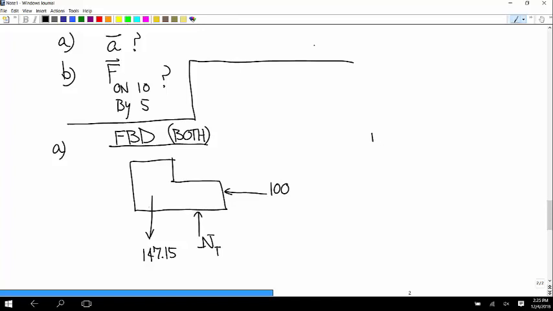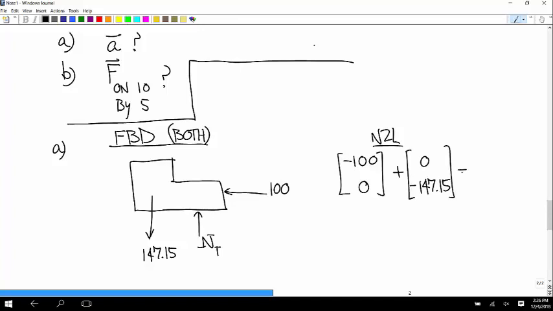So now we can go to Newton's second law. And it says negative 100, 0, plus 0, negative 147.15, plus 0, NT, is equal to the total mass times the acceleration vector A, 0.